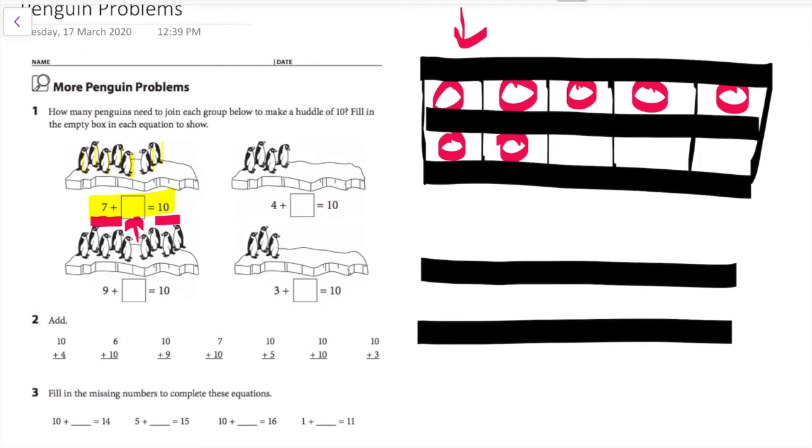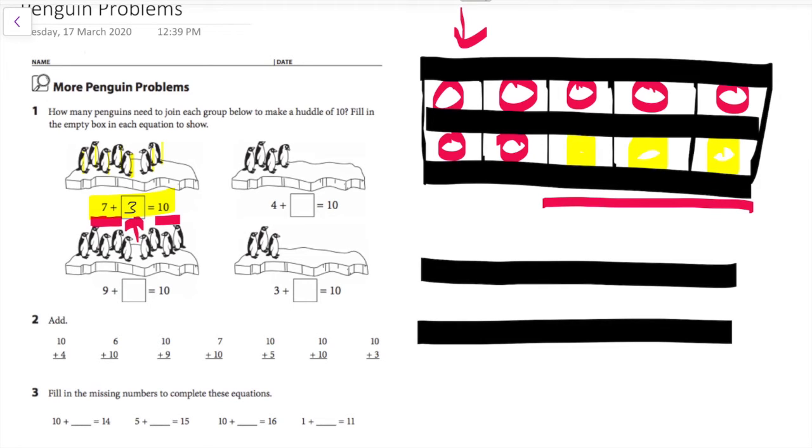Looking at these boxes, how many boxes do we need to fill so that we can get 10? 1, 2, 3. So the missing number that would go in this box would be 3.